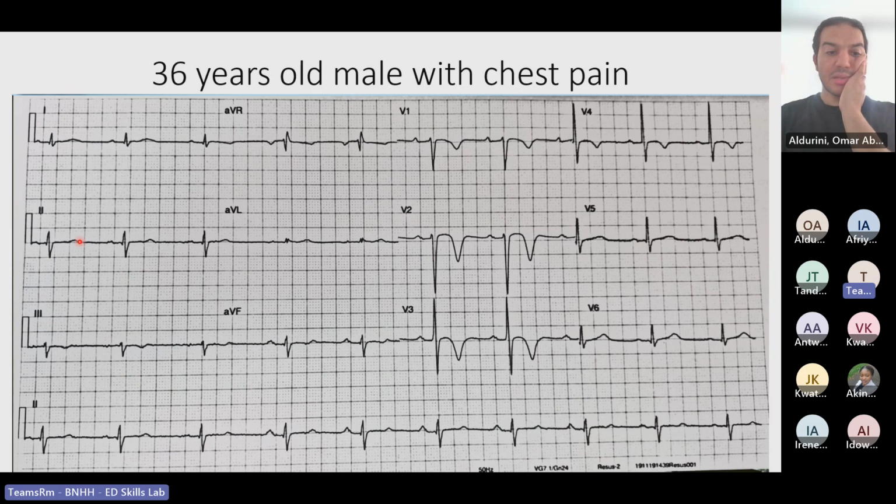You can see there's an upright T wave here and an upright T wave in lead aVF, but in lead 3, the T wave is pointing downwards. Is this a significant change in this wall? The answer is no, because it's an isolated change in just one lead. But if the change is in two leads in the same wall, then this is a significant change and we have to act upon it if we think this is ischemia or something like that.